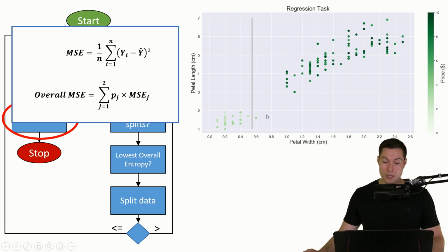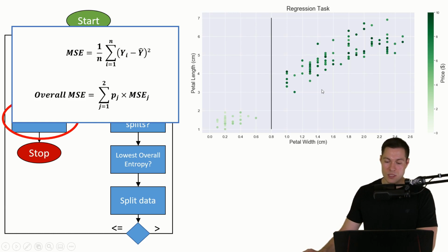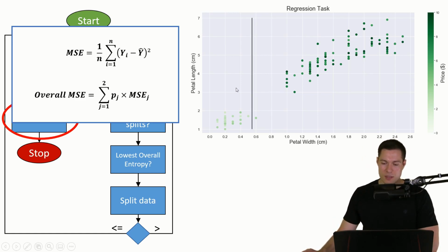Then also we add the error of this flower here, which is going to be relatively big because it's far away from the average. So overall, the mean squared error for this side is going to be a little bit higher than it was for this split. And on the left side, since there are still only flowers with a generally low price, the mean squared error is not really going to change compared to this one. So what happens when we move this split to the left is that the mean squared error of the right side increases and the mean squared error of the left side stays the same.